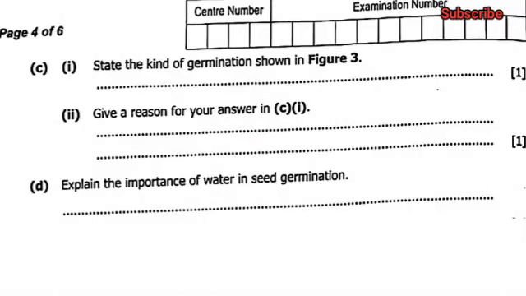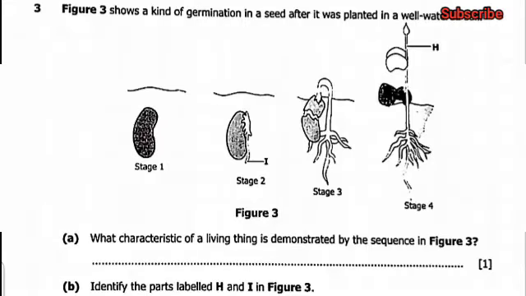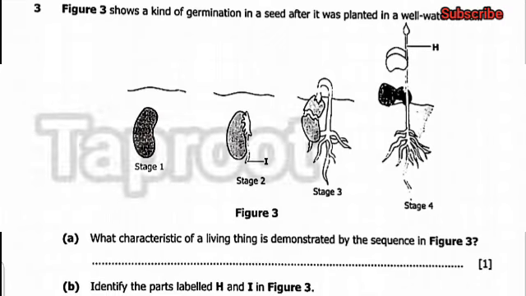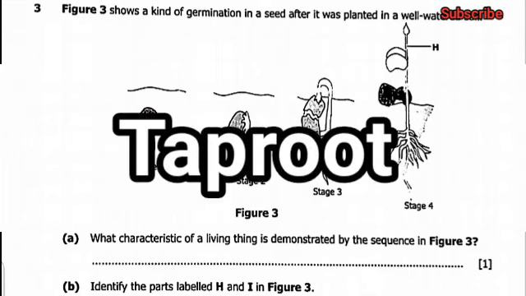C2, they are saying give a reason for your answer. When they say give a reason for your answer, they are simply looking forward to you mentioning the characteristics of epigeal germination. So you say because of taproot. This root is called taproot. It's not fibrous, it is taproot.